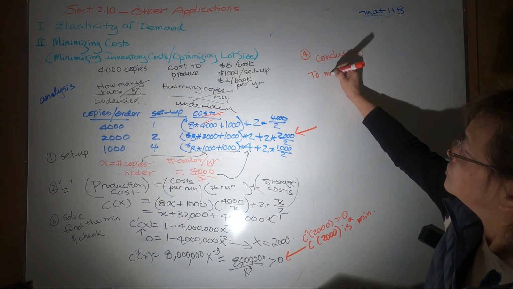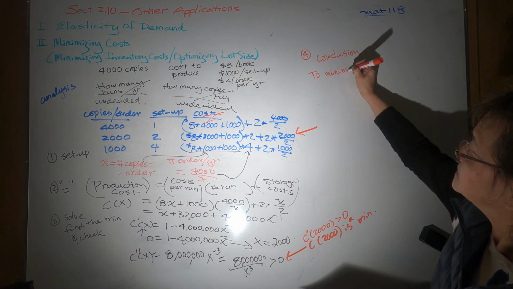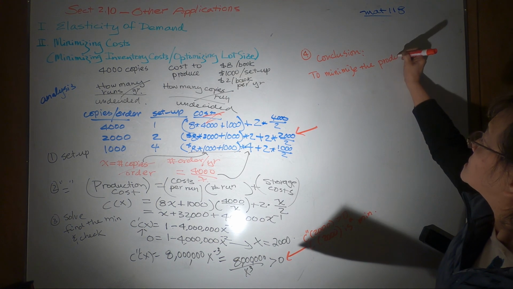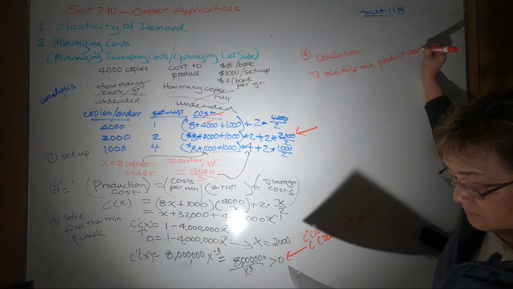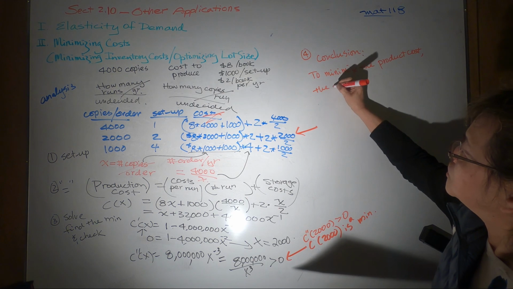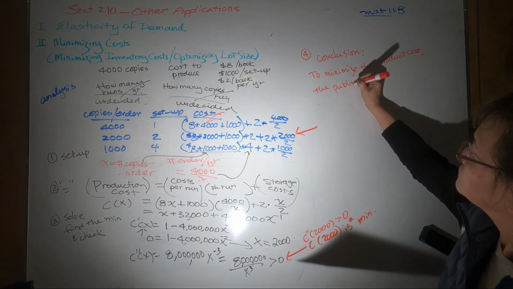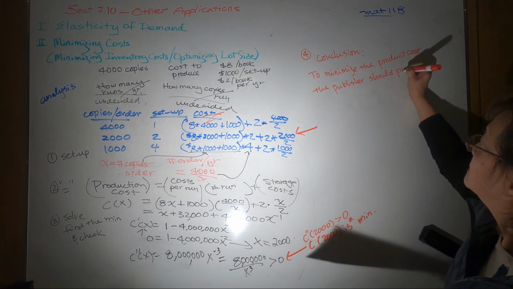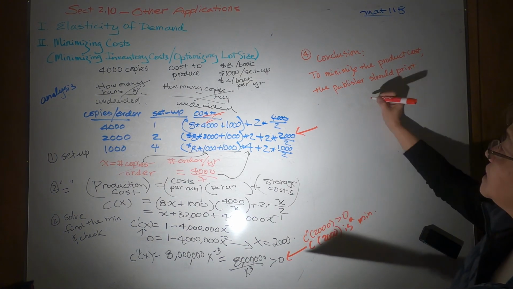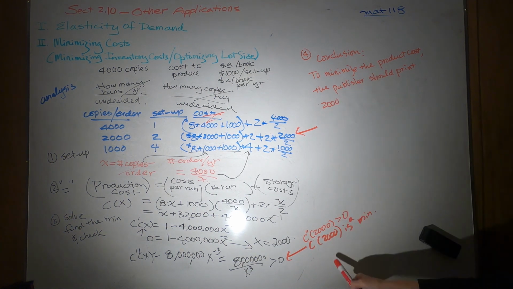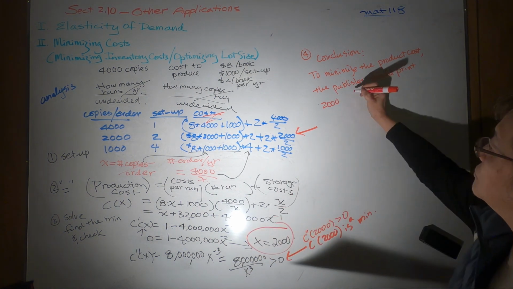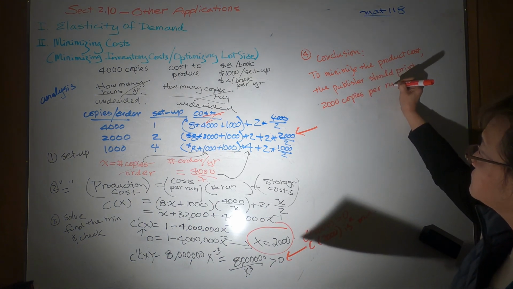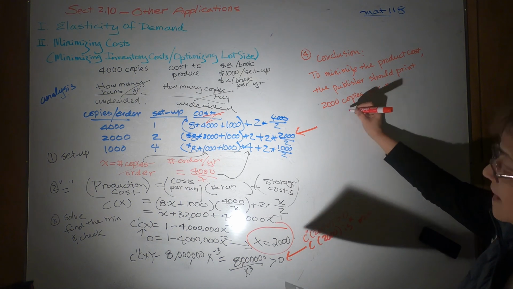So we say to minimize the production cost, the publisher should print how many per run? Print 2,000, that's your X, right? 2,000 copies per run, right?